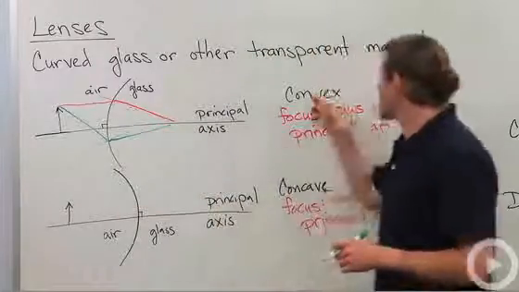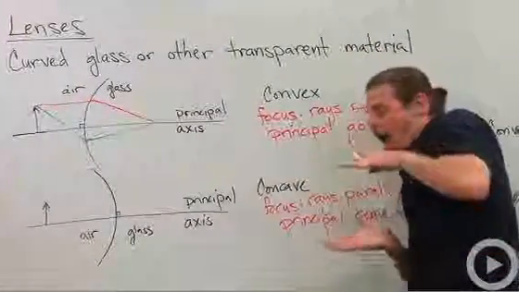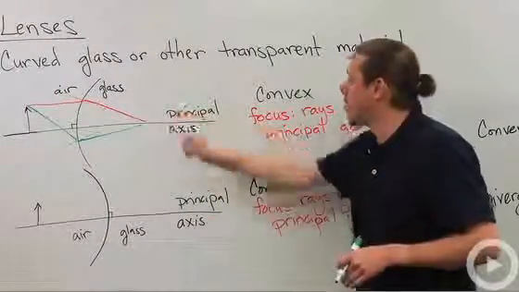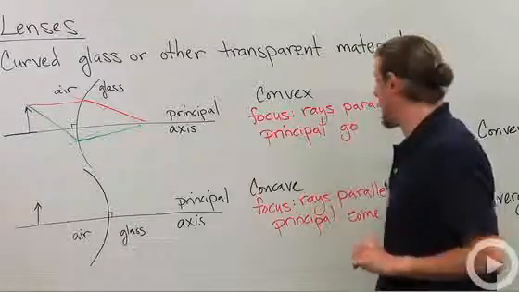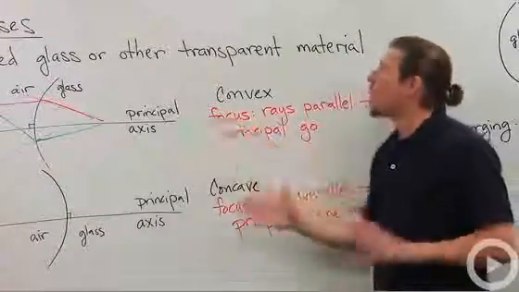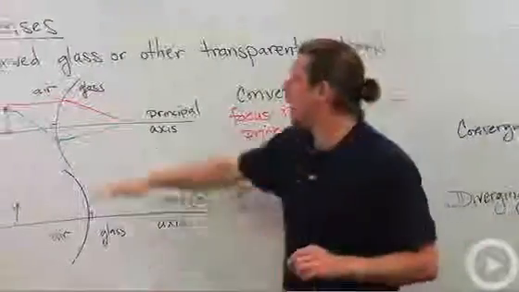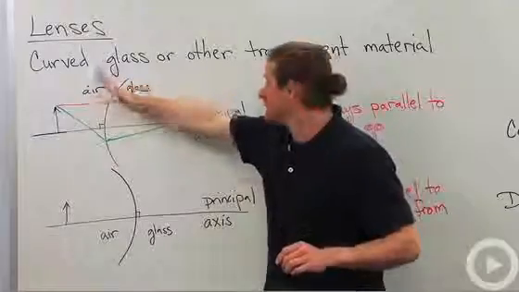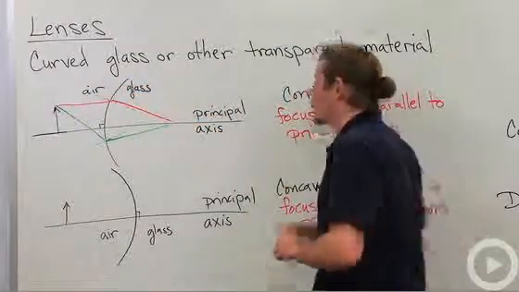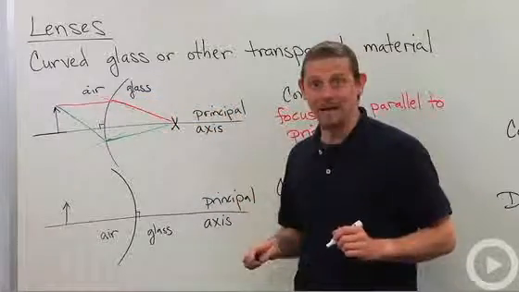So this is going to give us light rays that come together and hit somewhere along the principal axis, it seems like. So the focus is the place where rays that come in parallel to the principal axis go. So this focus will be right over here, where this hits the principal axis.